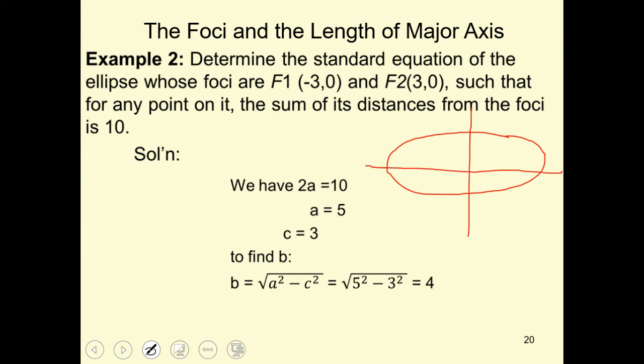So atong ma-figure out ang atong two foci is along dyan sa x-axis, so 0 ang iyang y coordinate. So this is negative 3, 0. This is 3, 0. Mao na atong focus, di ba? Such that for any point on it, the sum of its distances from the foci is 10.